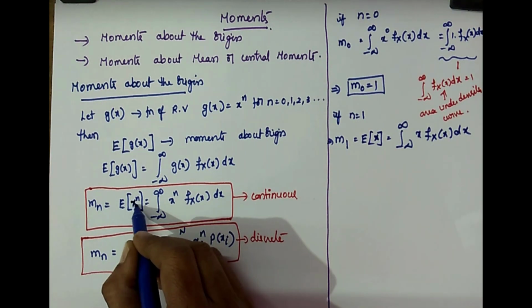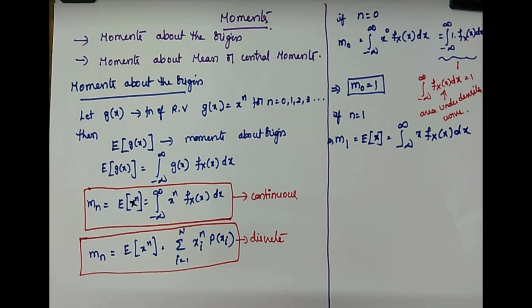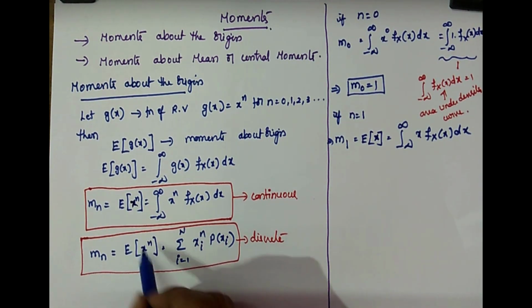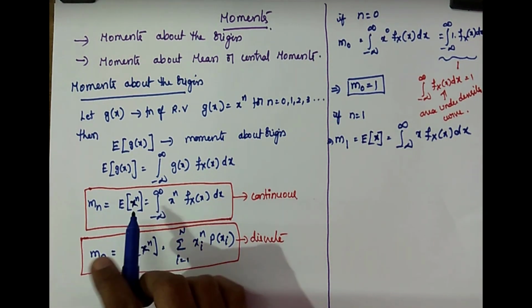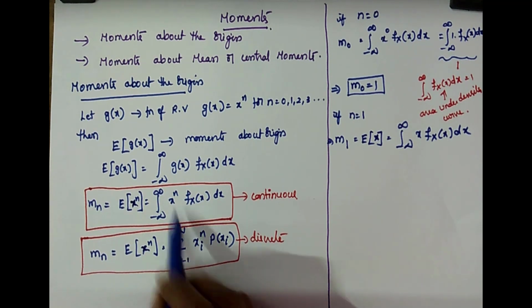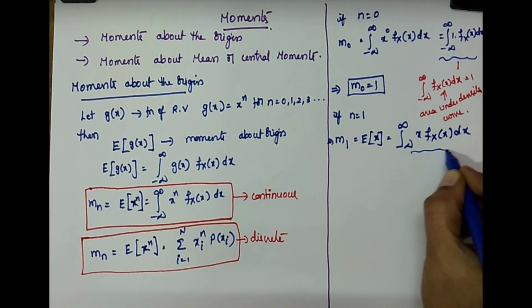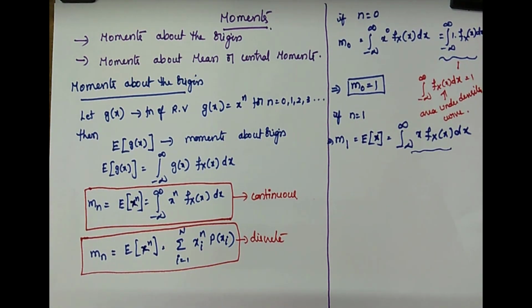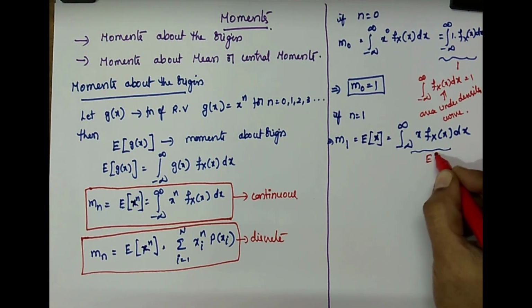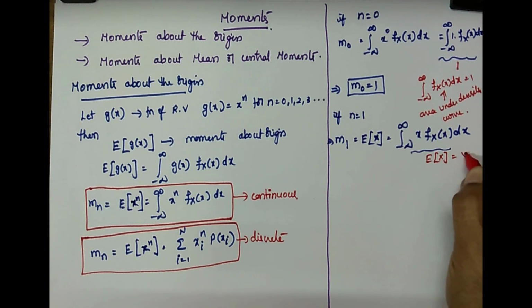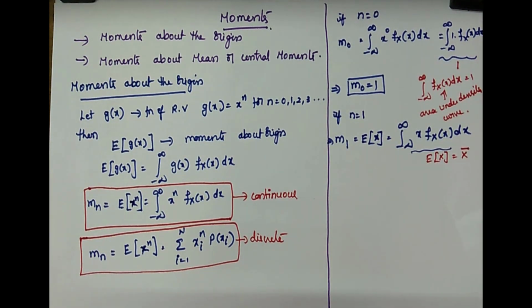Note that E is always capital, inside the bracket it is always capital X, and only in the integration or summation do you write small x. So this is nothing but E of x, which is x bar.